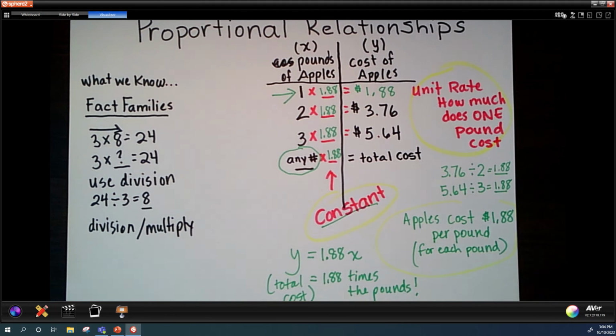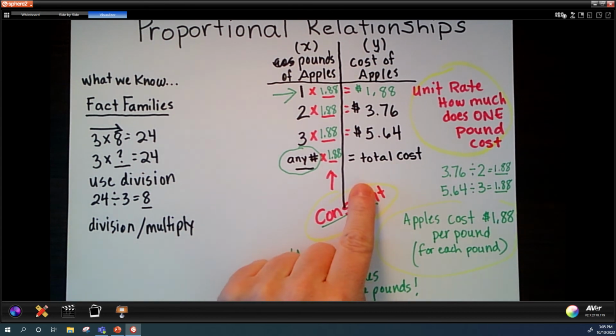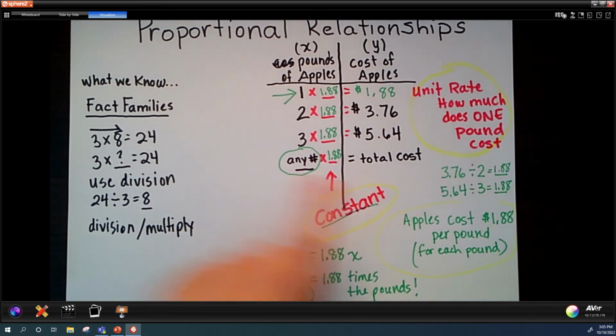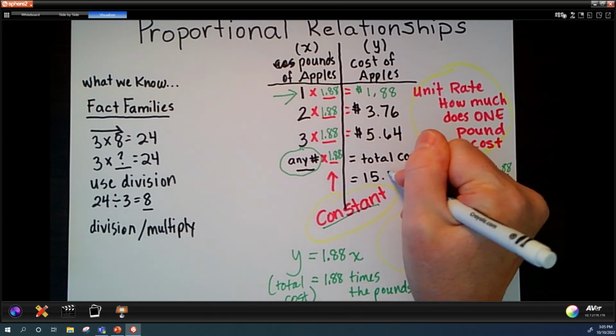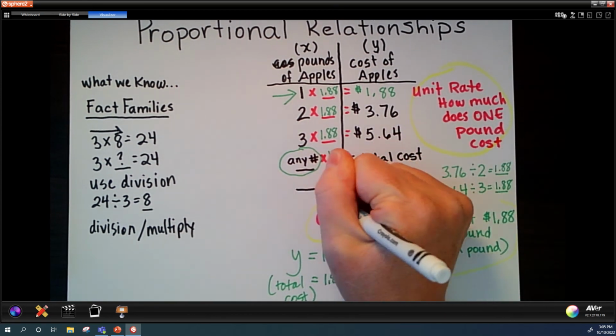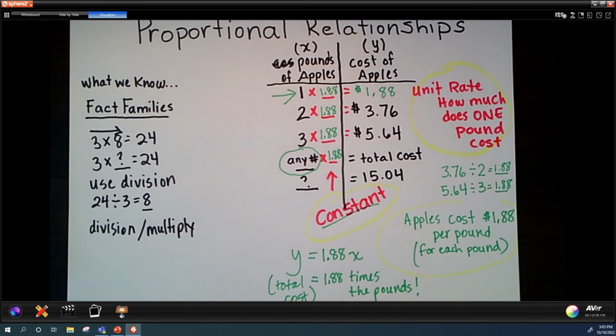Now, on the last one, in the practice one, what if I told you the total cost? What if I said the total cost was $15.04? How many pounds of apples did I buy? Well, that's also a missing number, but I know the constant.